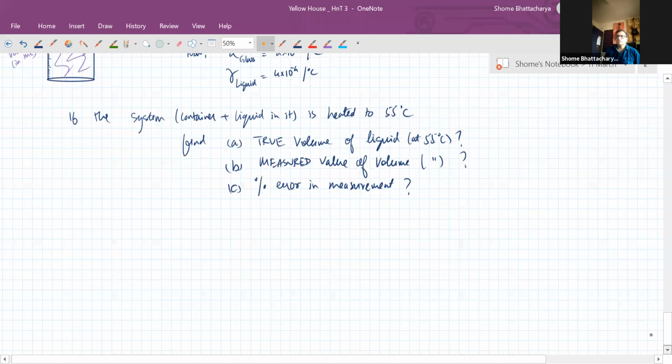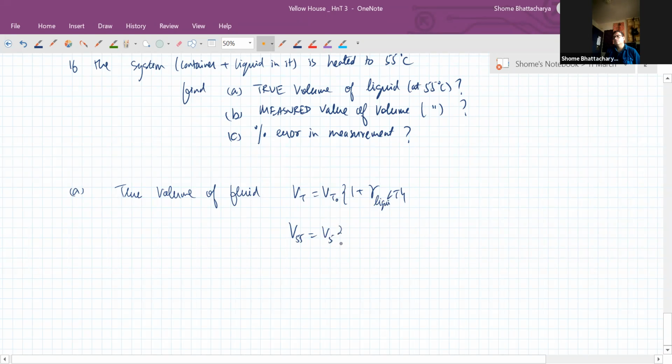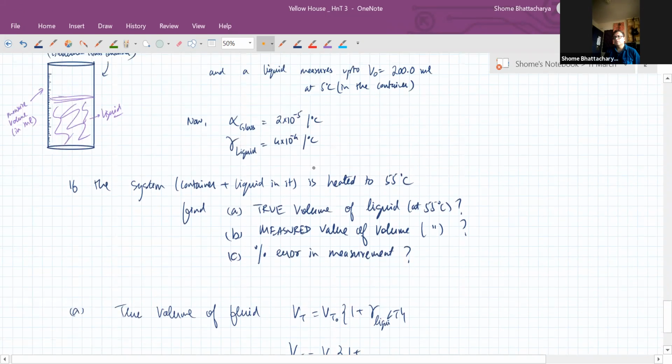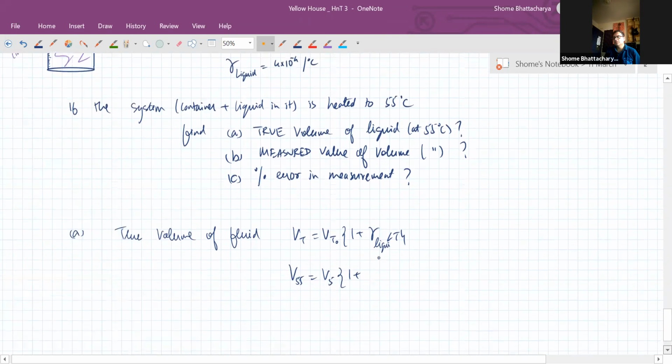Okay, so first of all, let's understand the actual volume of the liquid. So for the A part, we'll just use the fact that the true volume of the fluid, let's say that is Vt, is the volume at 5 into 1 plus gamma of the liquid into delta T. So the true volume at 55 will be the volume at 5 into 1 plus, now gamma of the liquid we have taken as 4 into 10 raised power minus 4, and the temperature change is 50.